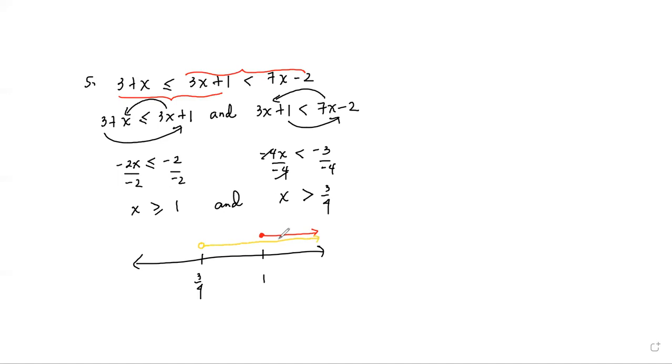So the intersection of the red and the yellow lines is from 1 going to the right side. So our solution set is now written as 1 comma positive infinity. 1 is preceded by a bracket, and positive infinity is followed by a parenthesis.